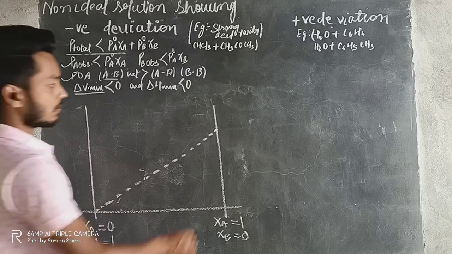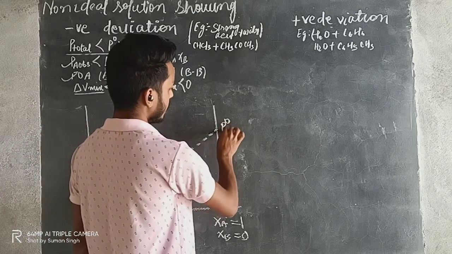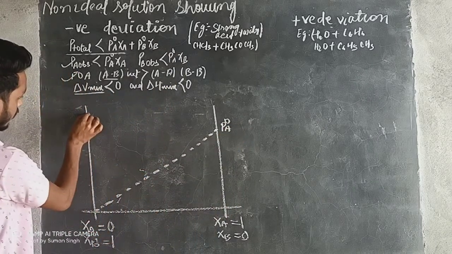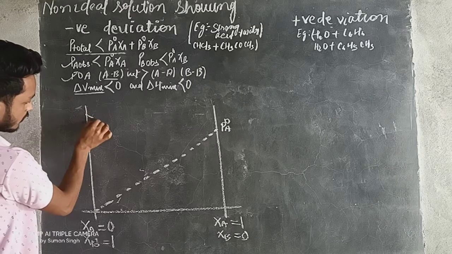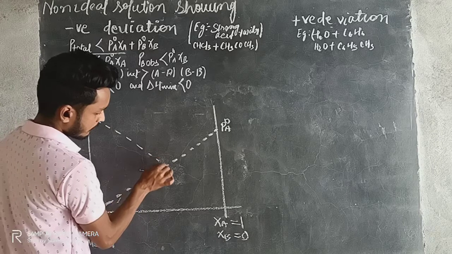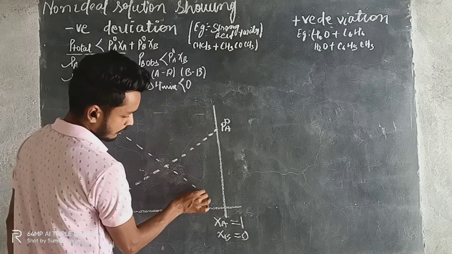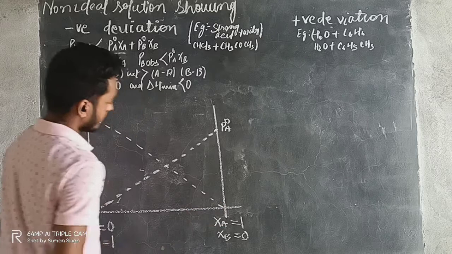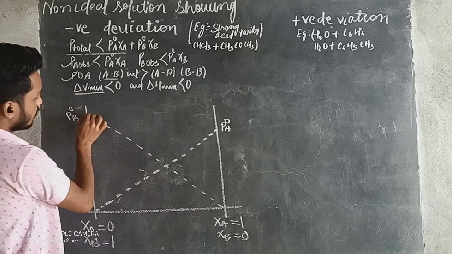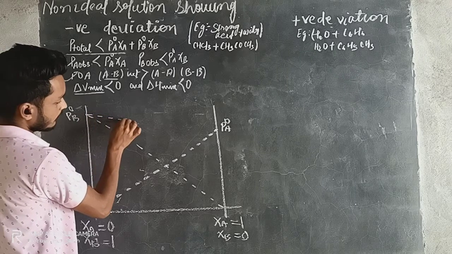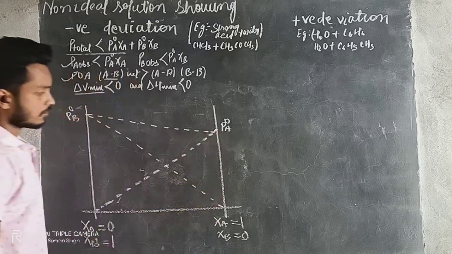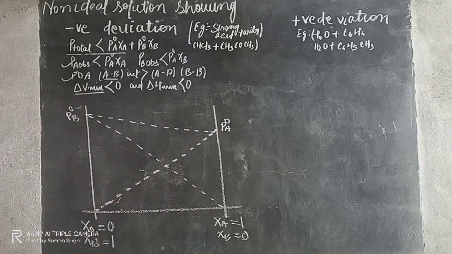This is our P naught A, and a little bit higher than this was our P naught B. And this will be P total. This is the graph of P total. So this is the graph of an ideal solution, right?